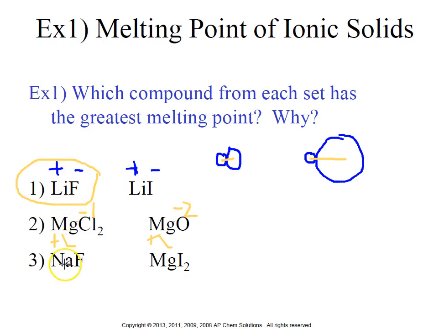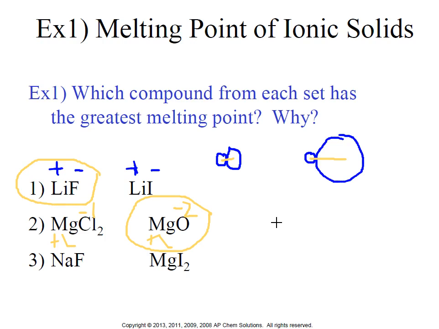Now when we're talking about charges, we're thinking about the absolute value of the charges, the magnitude of the charge. So for magnesium chloride, we have a Q of 2 and a Q of 1, whereas magnesium oxide has a Q of 2 and another Q of 2. Both charges are 2. So magnesium oxide would have a stronger bond because the charges are greater.